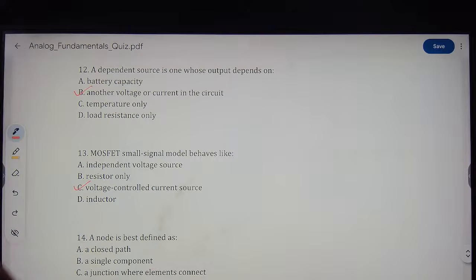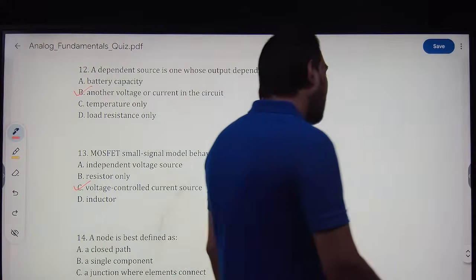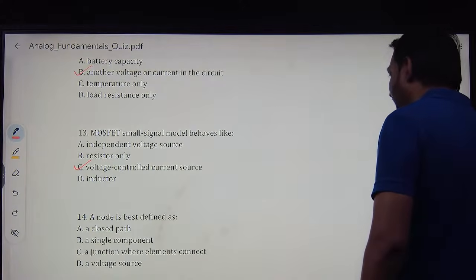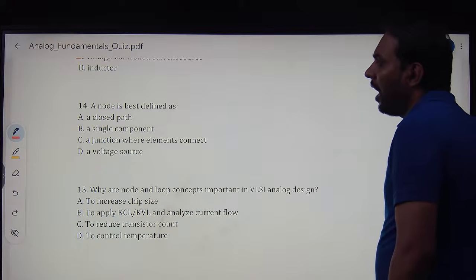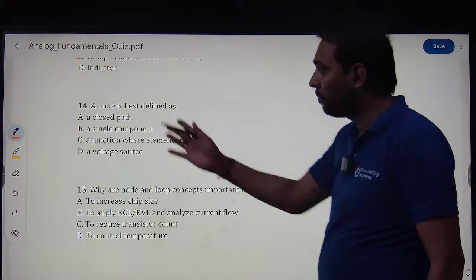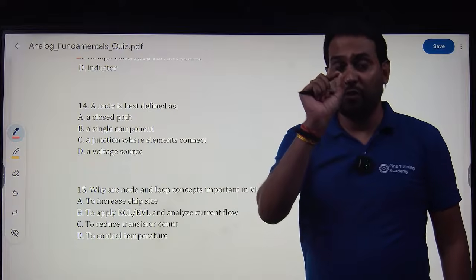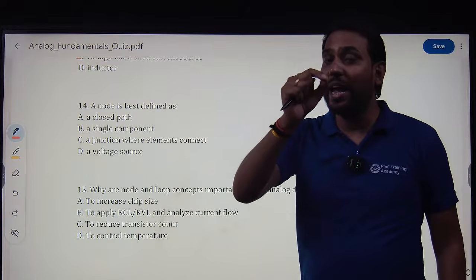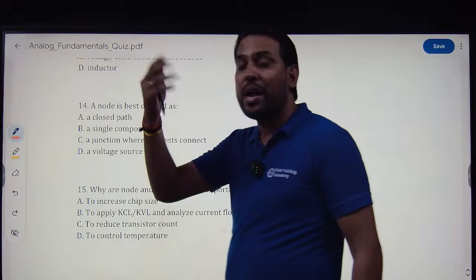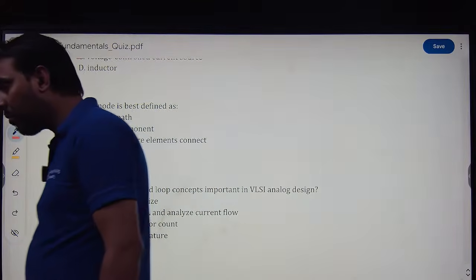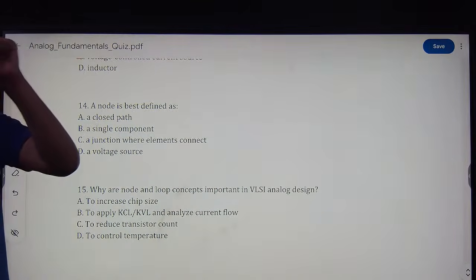A node is best defined as, okay, I think that was wrong. There is a mistake in the second and third question options. A node is best defined as a closed path? We have a node at the point at which two or more elements are connected. That is the point, okay, that is the node.